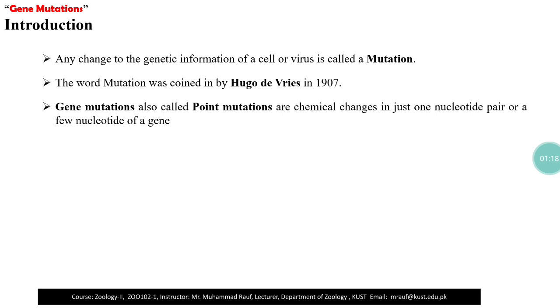Gene mutations are also called point mutations, and these are the chemical changes in just one nucleotide pair or a few nucleotides of a gene. Mutations have another type, which is chromosomal mutations. Chromosomal mutations are large-scale mutations.